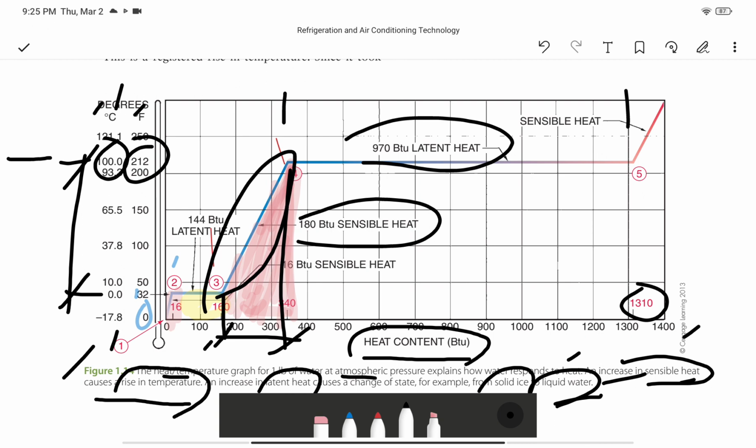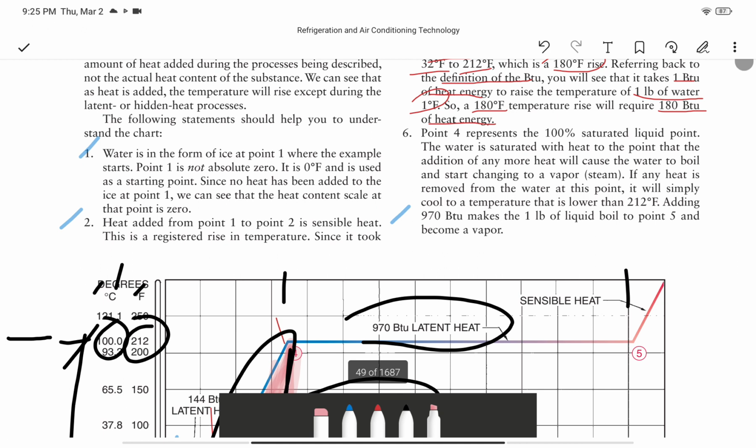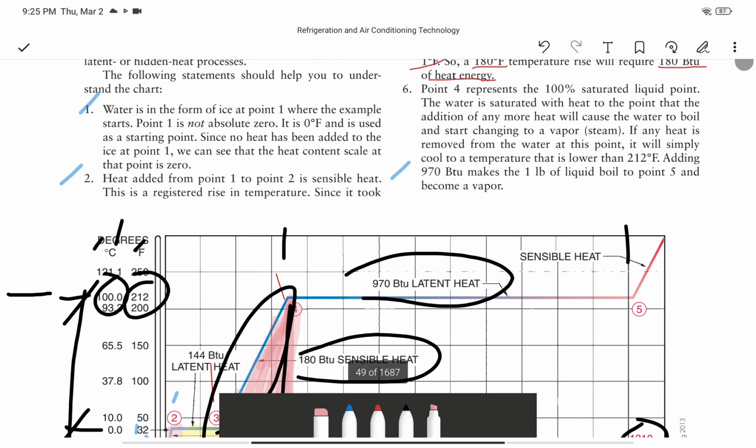You added 900 BTU of latent heat. So what happened? We will read it so that we can see. Point 4 represents the 100% saturated liquid point.